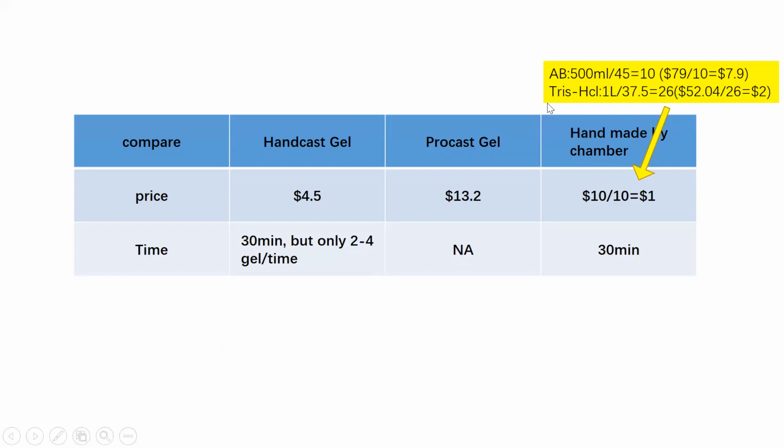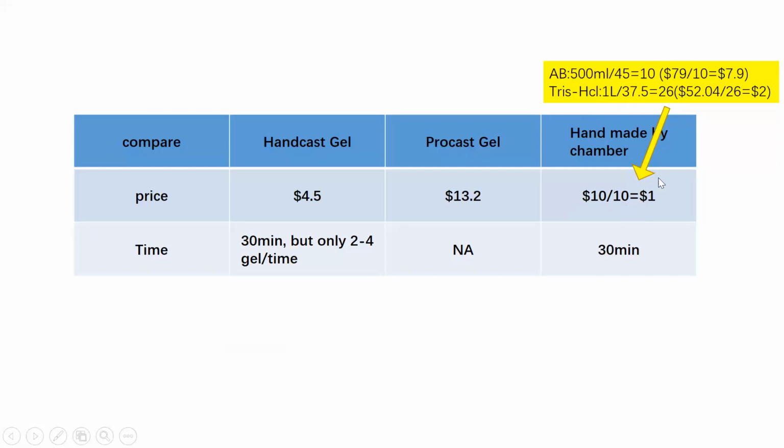The other buffer is the Tris buffer. That is 1 liter, and every time we make it, we use 37.5, so 1 bottle we can use 26 times. So one time it only costs $2. So here, those are the two important components. We can make 10 pieces of gel at one time.